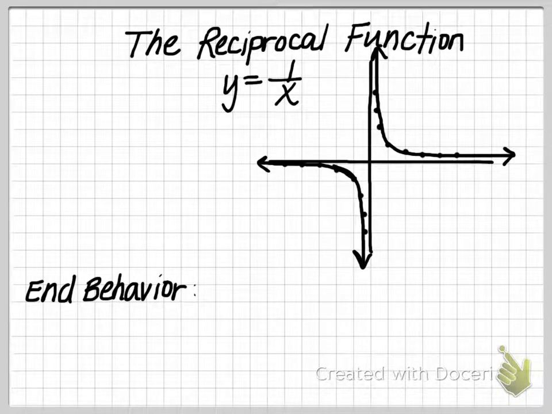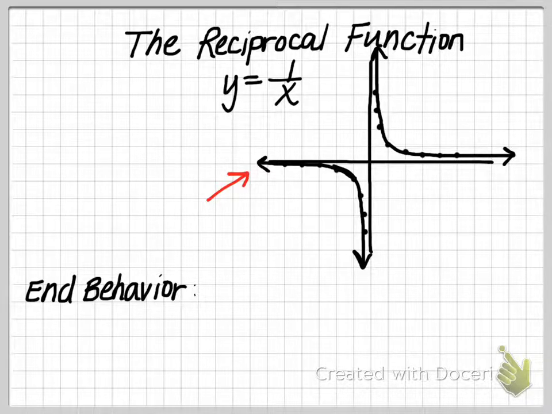Now let's take a look at the end behavior of this function. So we'll start with the left side of the graph. When we're looking at end behavior, we're going to be looking at what's happening as we travel along this graph, but going to the left. So that means we'd be looking here at the left-hand branch, specifically the far left side of that branch.